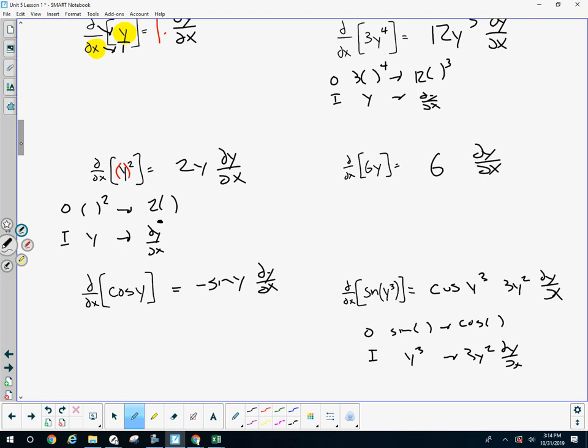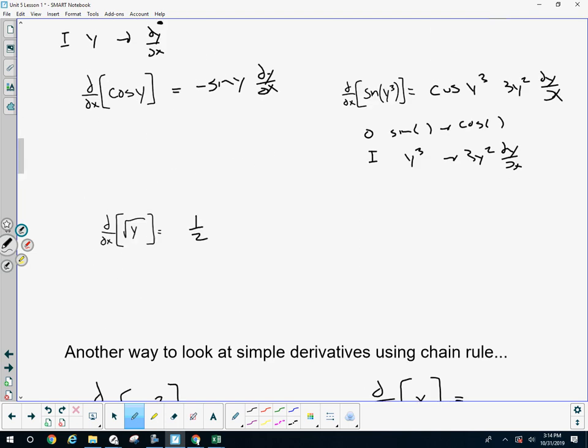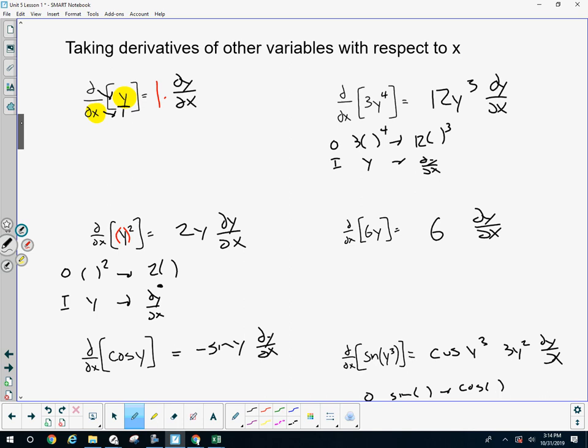Okay? Root y, 1/2 y to the negative 1/2 dy dx. Okay? Cool. So, go back a page. Go back to the front of the packet.